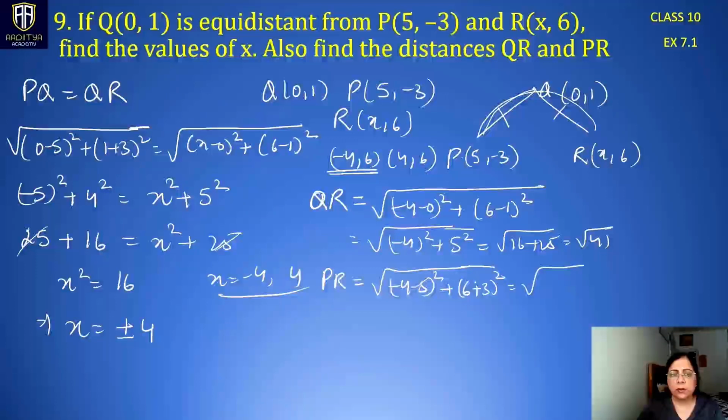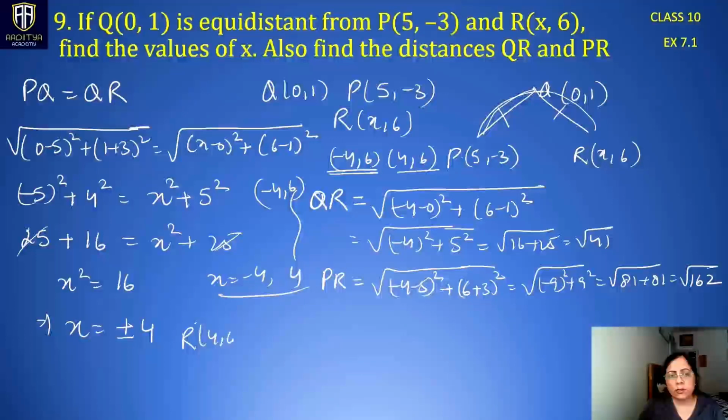So we have negative 9 whole square and positive 9 square. That is 81 plus 81, that is root 162, right? And for the second pair, I have found these values for minus 4 comma 6, and by taking R as 4 comma 6, what would be the value of QR?